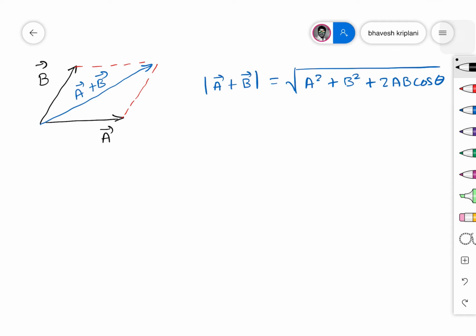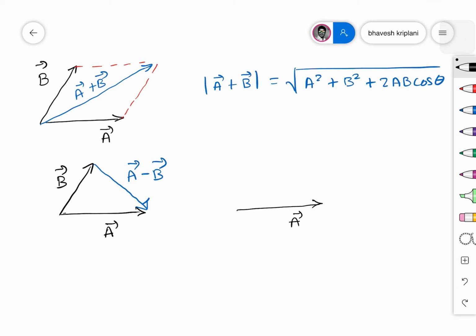Similarly, when we are finding vector subtraction, so this is a vector, this is b vector, then this line would be a vector minus b vector, or again this is a vector, this is b vector, then this vector will be b vector minus a vector.